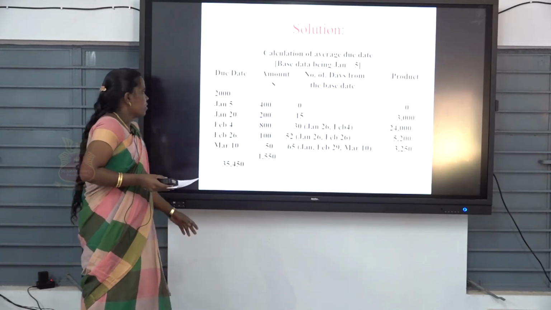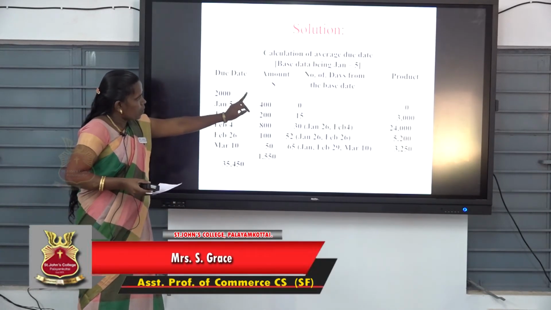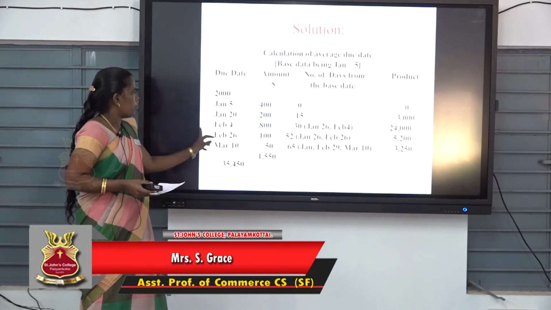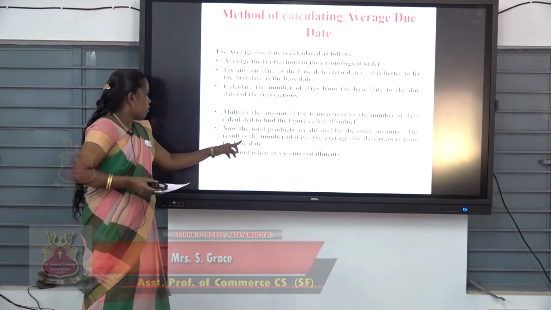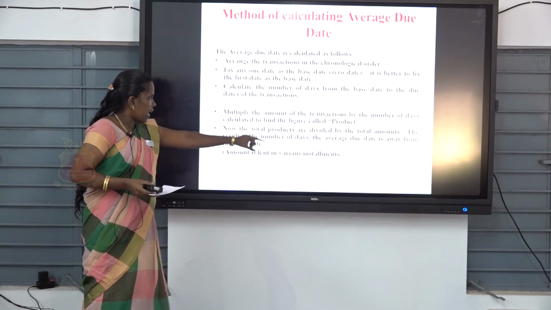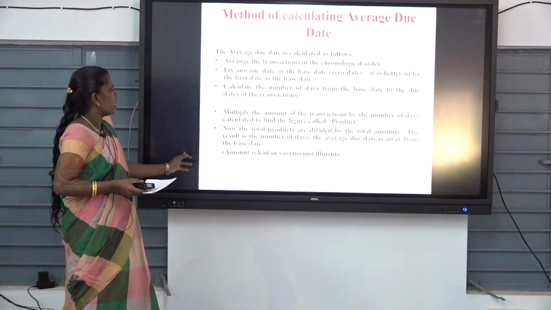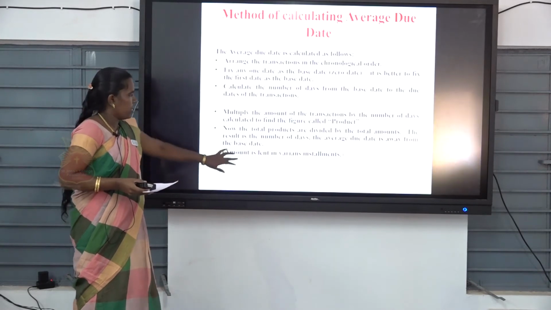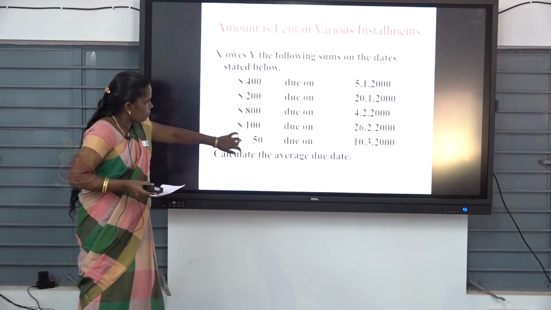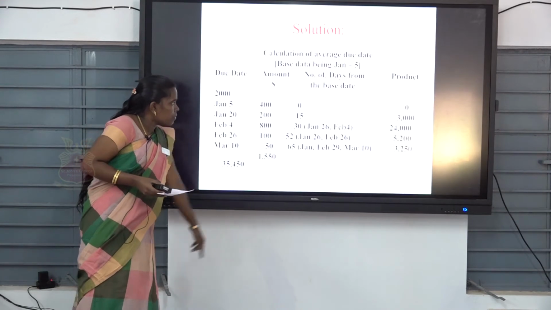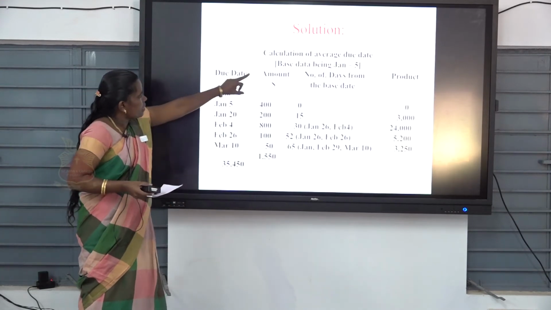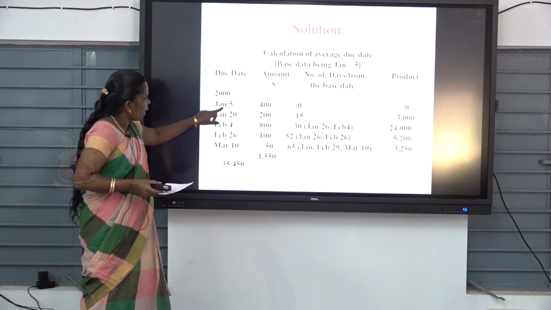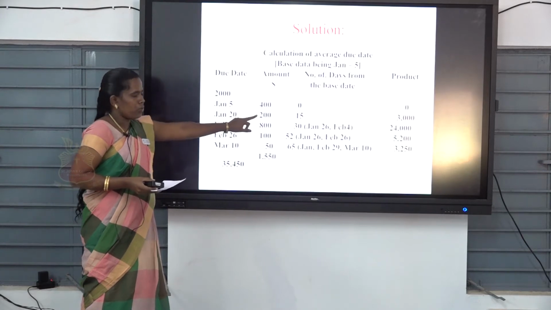The base date is 5th January. Next, multiply the amount of the transaction by the number of days calculated to find the figure called product. For the first date, January 5, the number of days from the base date is 0.